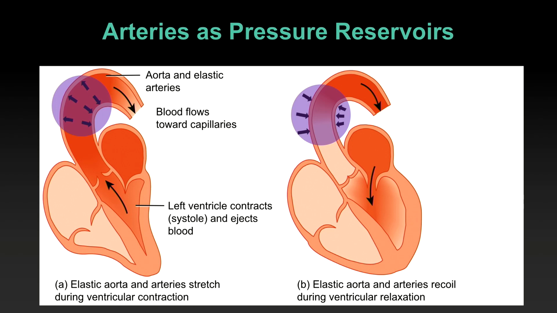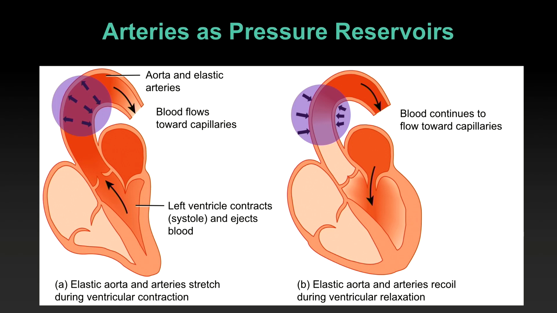You can see that squeezing highlighted here. There's nothing mechanically squeezing the aorta. The natural properties of the elastic tissue in the walls return it to its original shape. And so for that reason, blood will continue to flow through the arteries, through the arterioles, towards the capillaries.